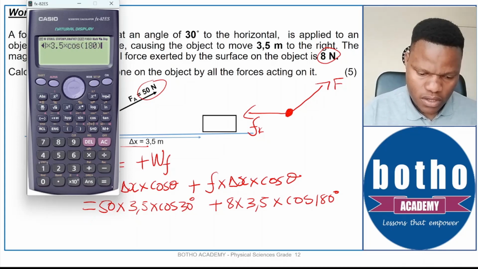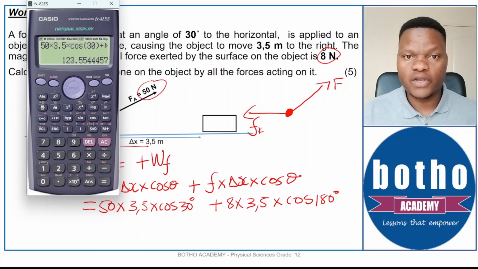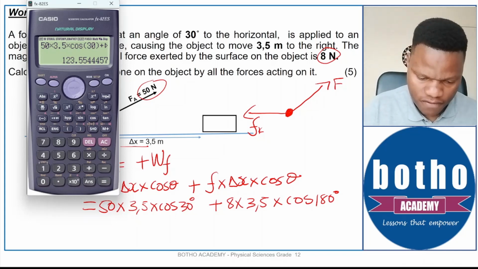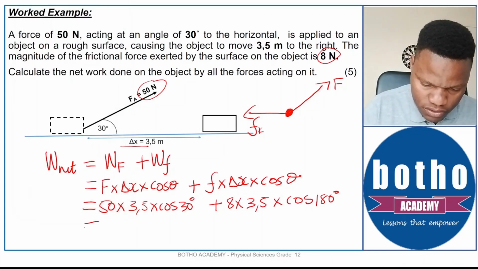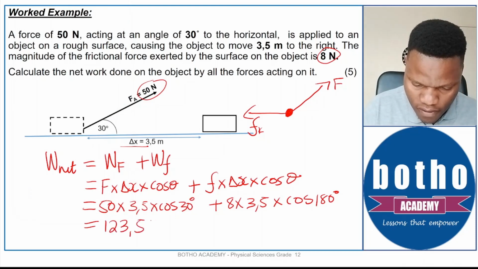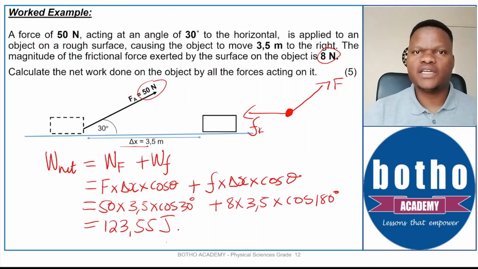Now the answer that we get there is that the net work done on the object is 123.55. So we're going to say this is equal to 123.55 joules, and that is the net work done.